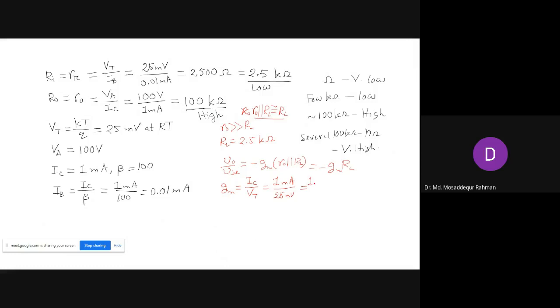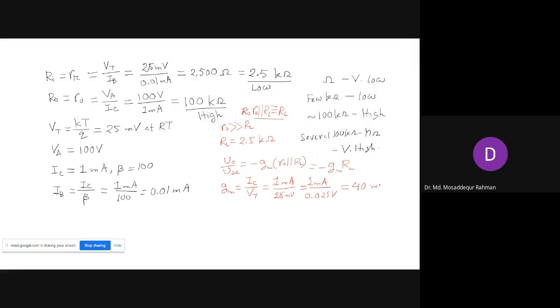so we keep IC in milliampere and convert the voltage into volt, so 0.025 volt. And then what is the result of this? So 40 milliampere per volt.